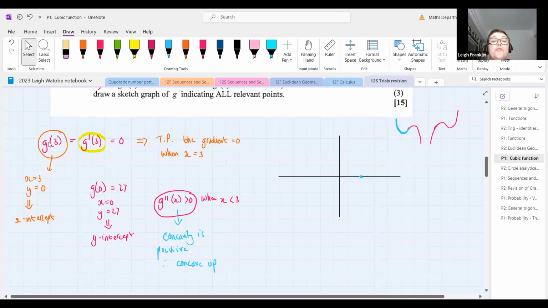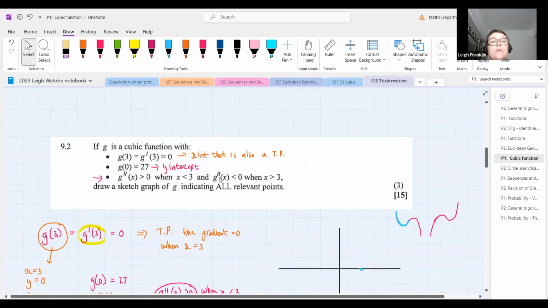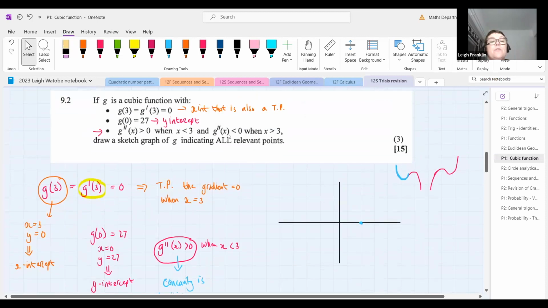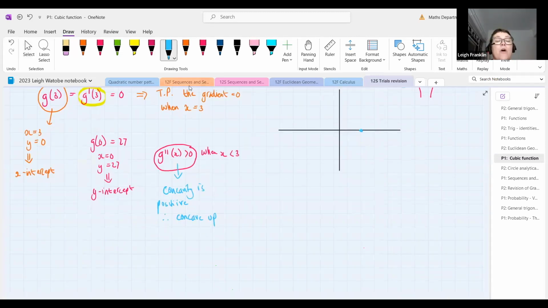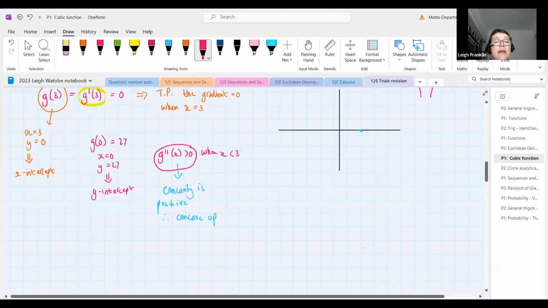All right. To the right of the blue dot, where x is greater than 3, g double prime x is smaller than 0. So if g double prime x is smaller than 0, that means the graph is concave down. Concavity is negative.